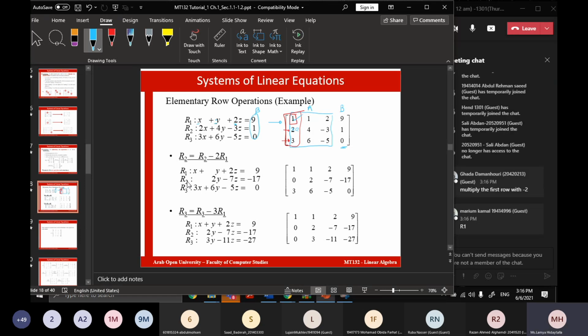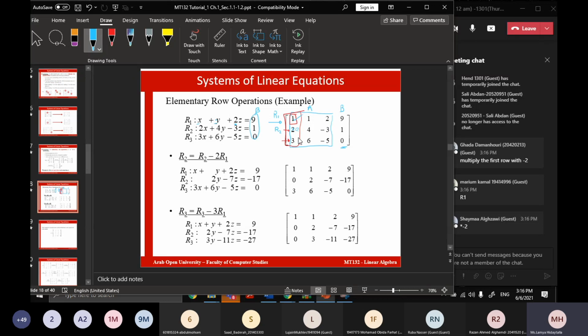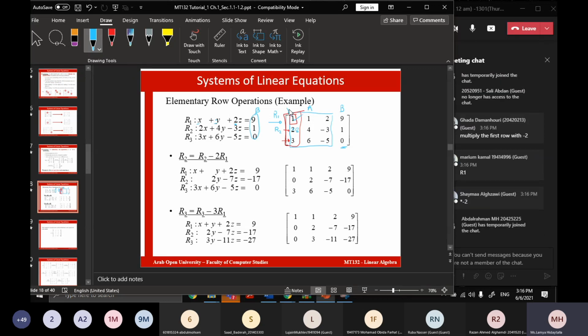How can I do that? I want to change row R2, using row R1. So how can I get 0? If this number became -2, correct? I will multiply my row by -2.